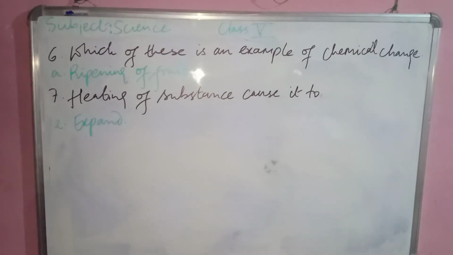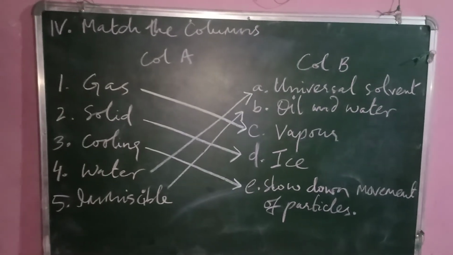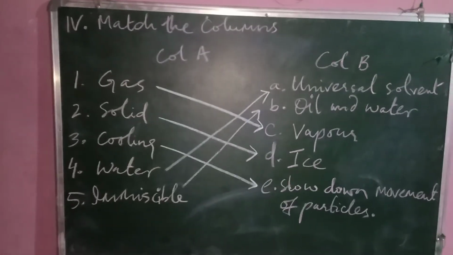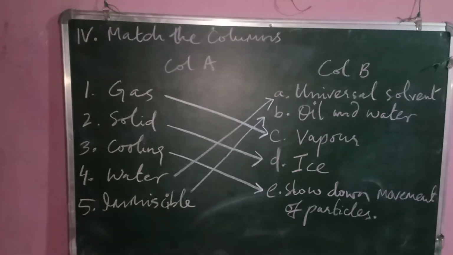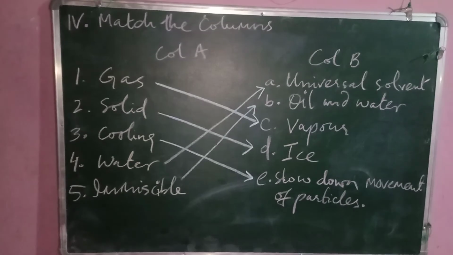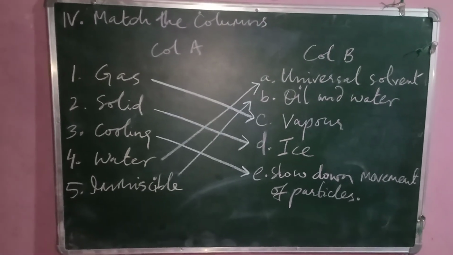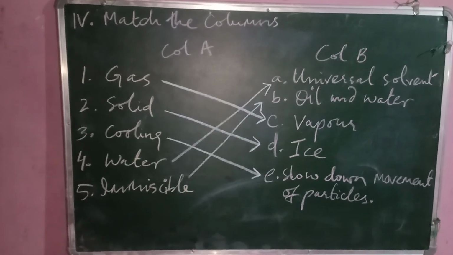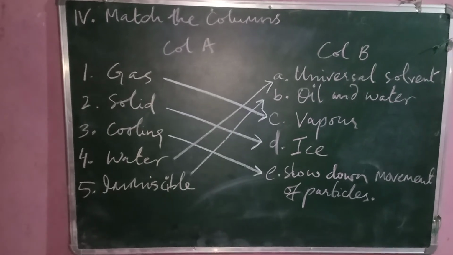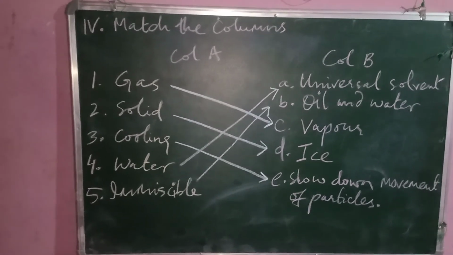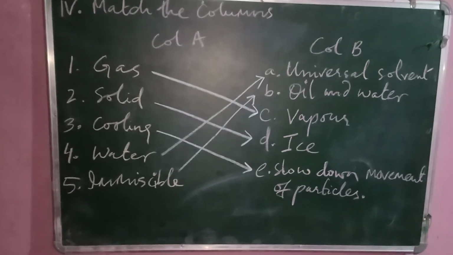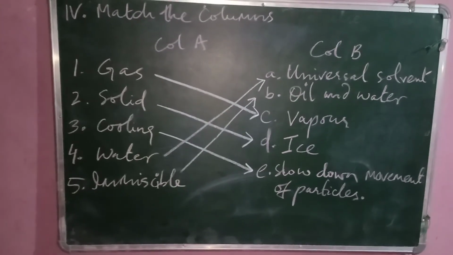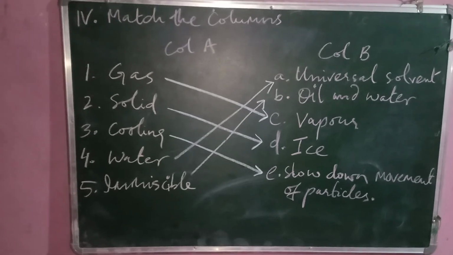Moving on with the next question, which is match the following. In column A we have gas, solid, cooling, water, and immiscible. And in column B we have universal solvent, oil and water, vapor, ice, and slow down movement of particles. From column A, 1 is gas, which is also called vapor.